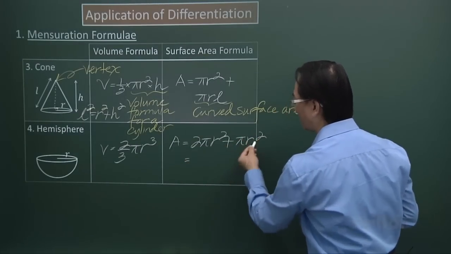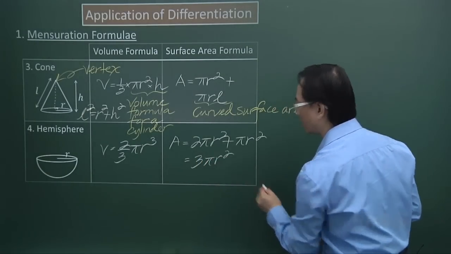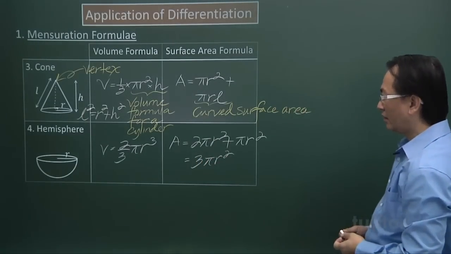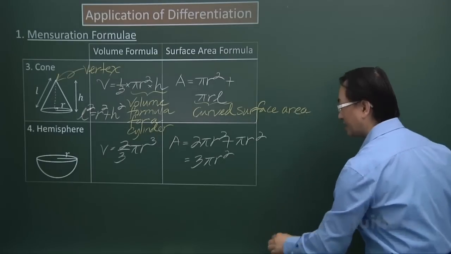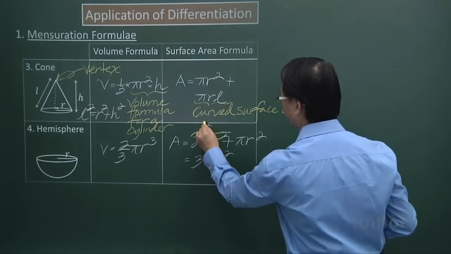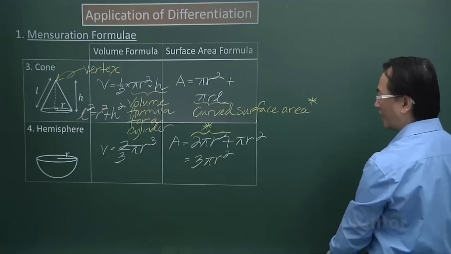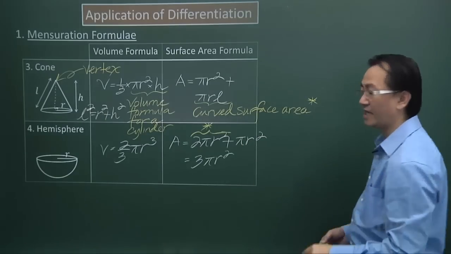So they can be added together. So I have 3 pi r squared. So this is referring to the curved surface, just like that. And this is just the top surface area.